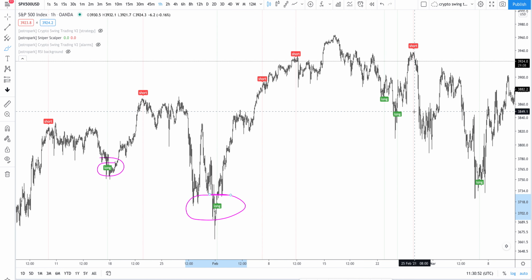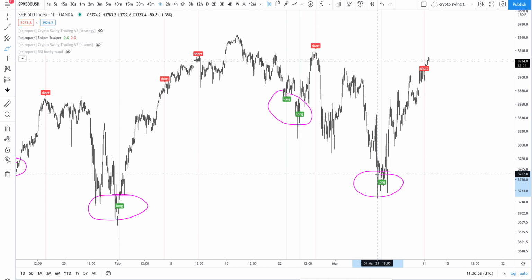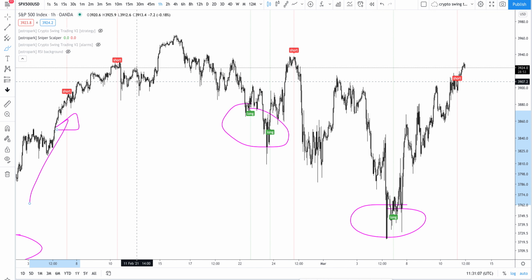They are pretty much in the right place. Okay, you can always manage to close in profit, especially on the bullish signal.